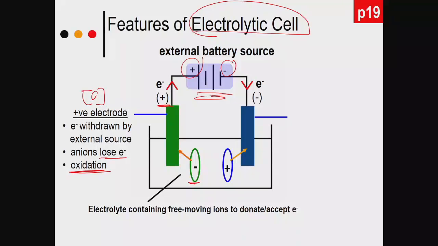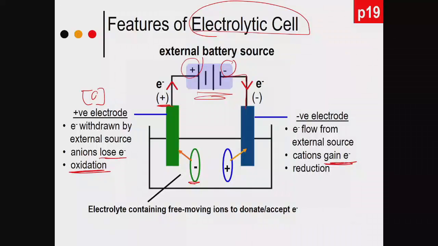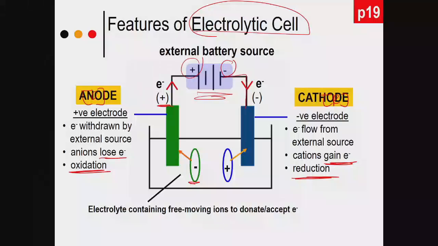Electron will flow towards the negative electrode, where the cation will gain electron and undergo reduction. So the negative electrode is where reduction takes place. Therefore, the electrode in green is called the anode, because it is where oxidation takes place. The electrode in blue is where reduction takes place, so it's the cathode.